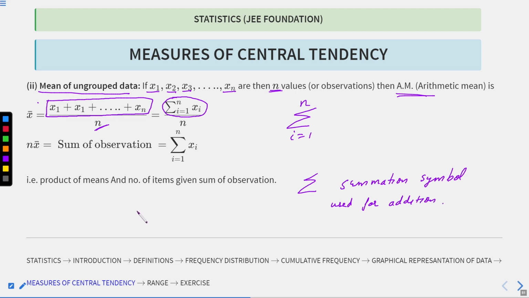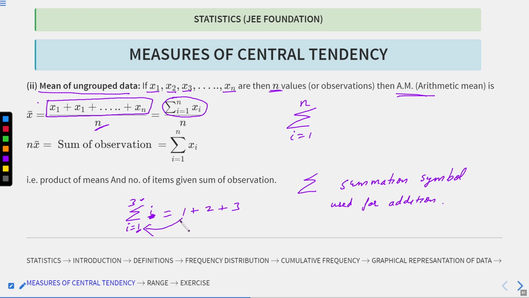If something is written like this, i equals 1 to 3, and here we write i, this means we are adding i from 1 to 3. This means 1 plus 2 plus 3. So we are adding i; we replace i first by 1, then 2, then 3.